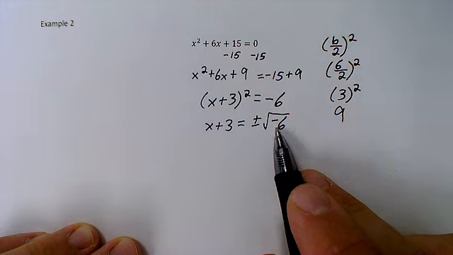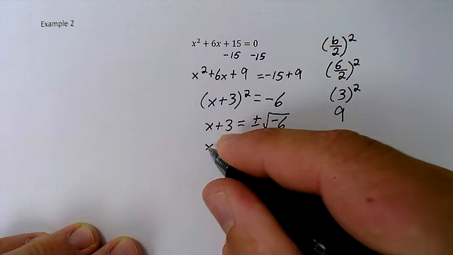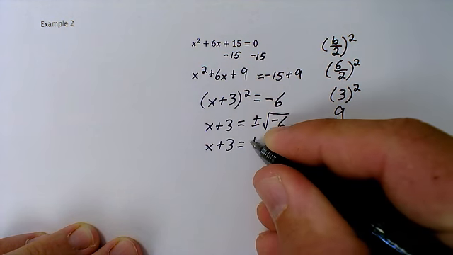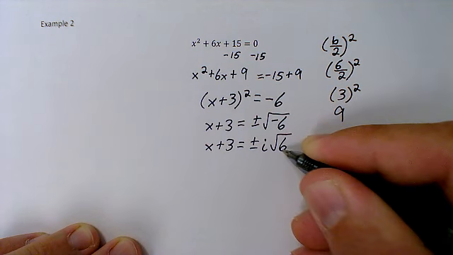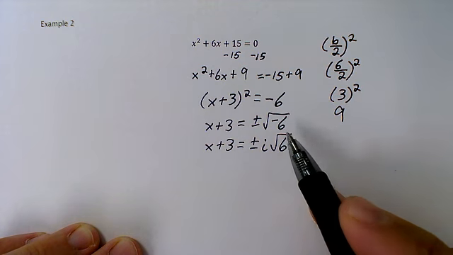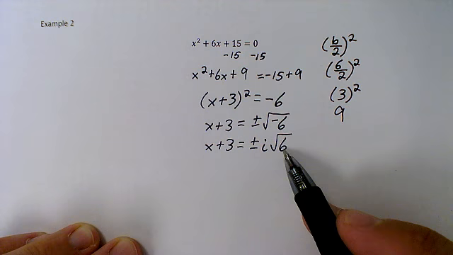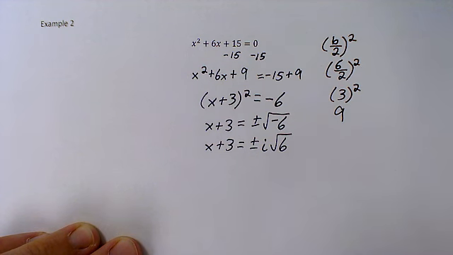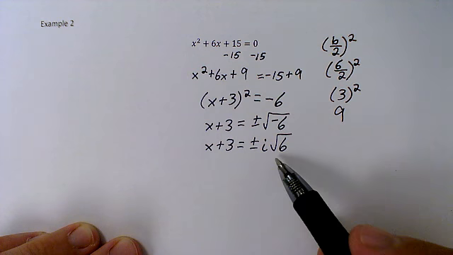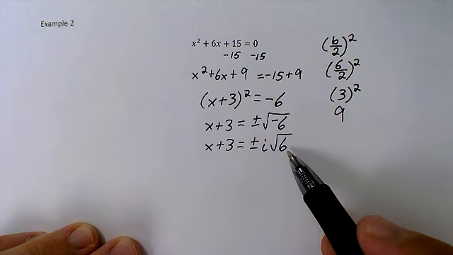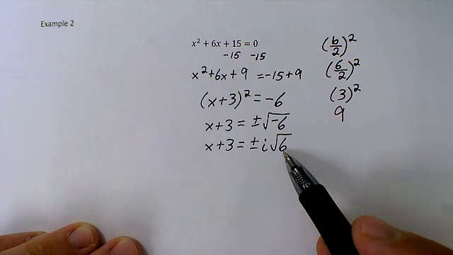Again, this is going to be an imaginary unit. So x plus 3 is equal to positive or negative i root 6. There I just skipped the step of writing it as negative 1 times 6. Just went ahead and brought the i out from the negative. And I need to now simplify the square root of 6.